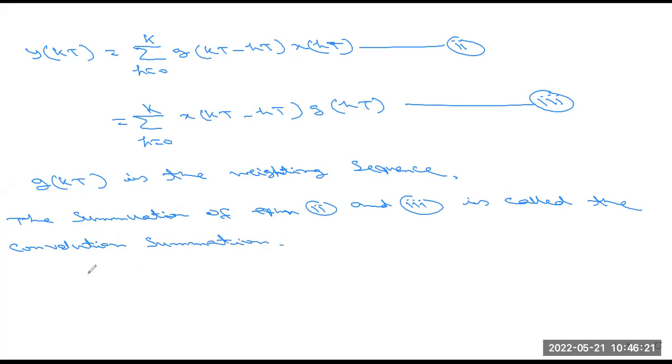So we write these equations: y(kT) is equal to x(kT) multiplied by g(kT). This is basically called the convolution summation, and it is related to our pulse transfer function also. One graphical form is given here.